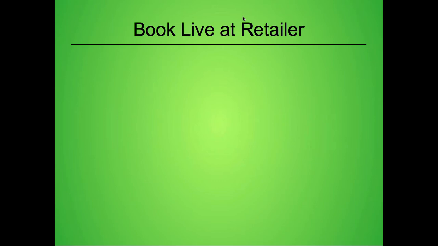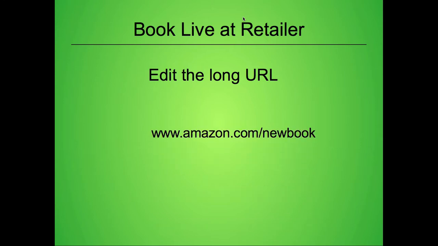Once the book goes live at the retailer, I just have to go into my YOURLS dashboard and edit the long URL to something like amazon.com/new book. Okay, so let's go up to the YOURLS website and take a look at how we would set up this scenario.